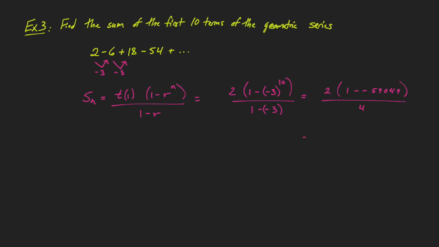This cancels out to 1/2. Pull that to the side, and this is going to be simply 59,000, because those would become positive, 0.50. Divide that by 2. 59.50 is going to be 29,525.